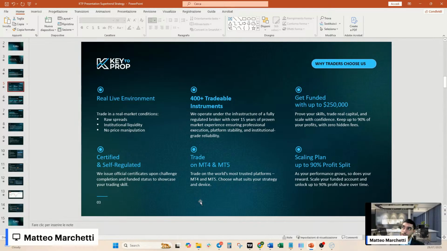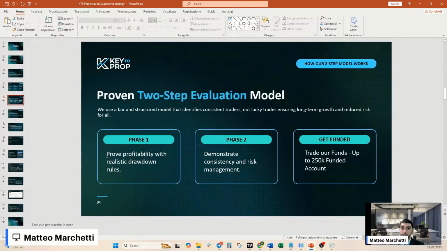And of course, this is something that more or less every prop trading firm does: we issue an official certificate upon challenge completion, and this is really nice for every one of our successful traders.